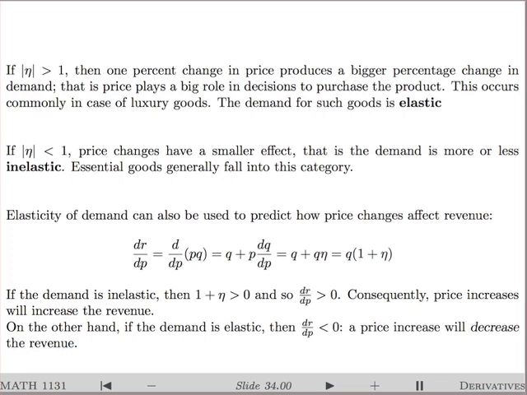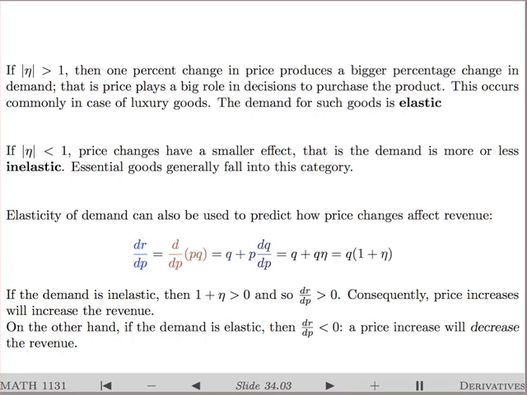This concept, elasticity of demand, can also be used to look at how price changes affect revenue. So if we calculate dR over dP, which is somewhat similar to marginal revenue, dR over dQ, you can use the product rule. R is PQ. So d of PQ over dP is, first factor is P, its derivative is 1, so we get 1 times Q plus P times dQ over dP.